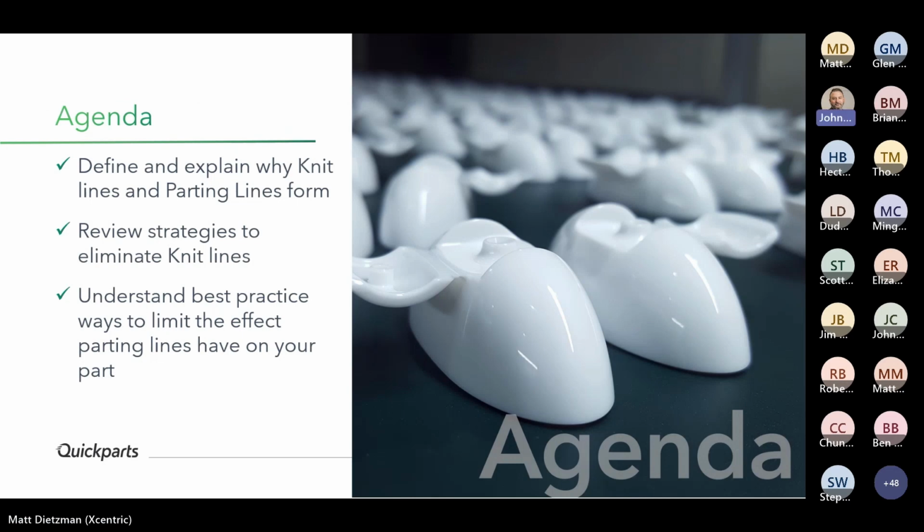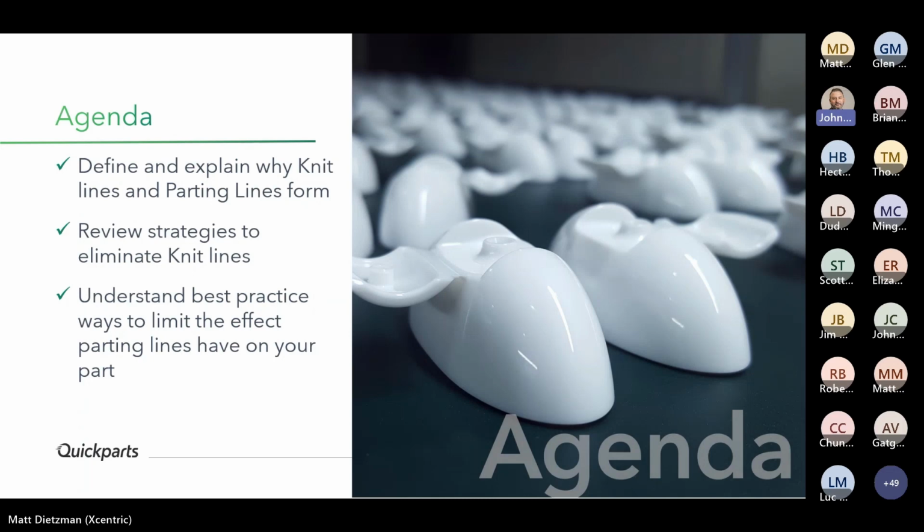All right, thank you, Matt. Thank you, everyone, for joining this afternoon or morning or evening, wherever you're at. On the agenda for today, we're going to talk about imperfections that we're going to come across with injection molded parts. Today is going to be around knit lines and parting lines.